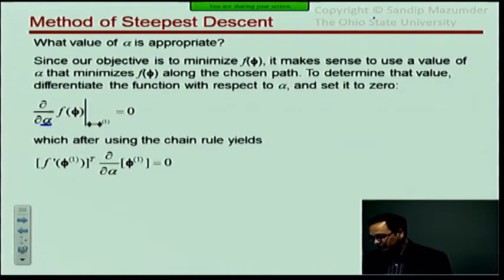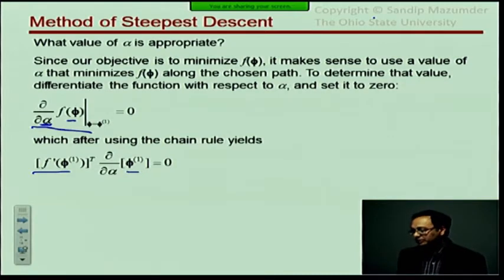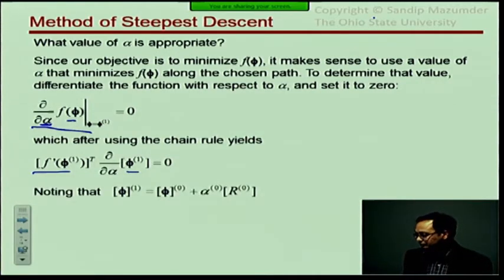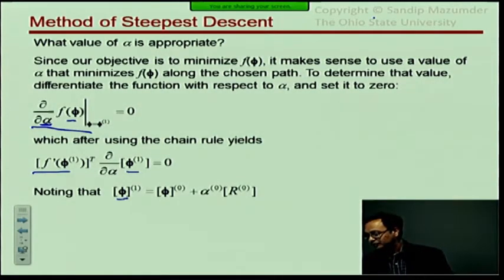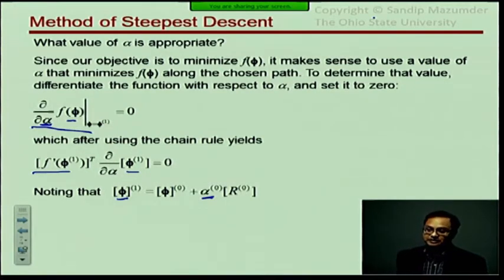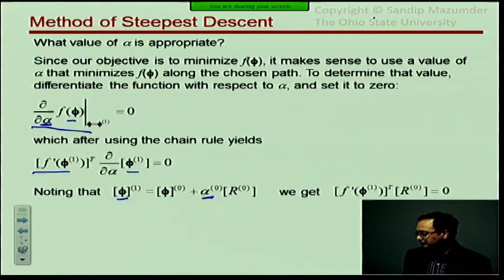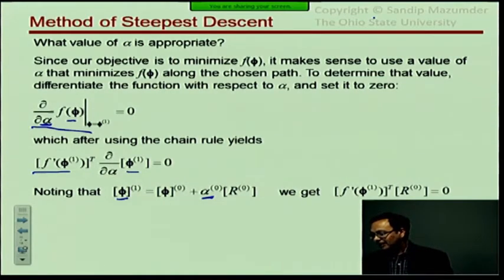So first thing it's doing is, to differentiate this, basically we are using the chain rule. We are saying f is a function of alpha itself, so we do f dash phi times d phi d alpha, because f is not a direct function of alpha, it's a function of phi, and phi is a function of alpha. This is my phi, which is a function of alpha, as you can see. So if we take that and differentiate with respect to alpha, we simply get r naught, which we plug in for this guy, and that's what this expression shows me.